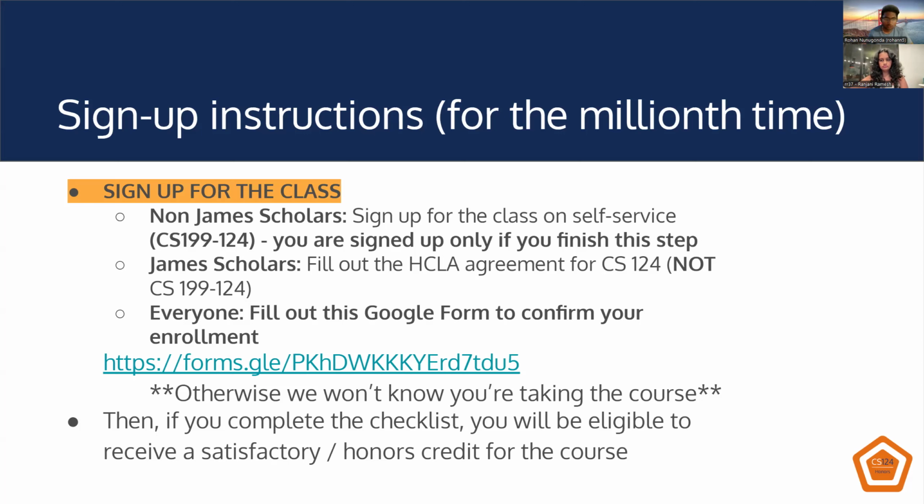If you complete this checklist properly, then you will definitely get your satisfactory or your honors credit for the course. Failure to follow these could lead to an unsatisfactory or an other consequence that would take up unnecessary time and effort to sort out. So please just make sure that you are signed up for the class properly.